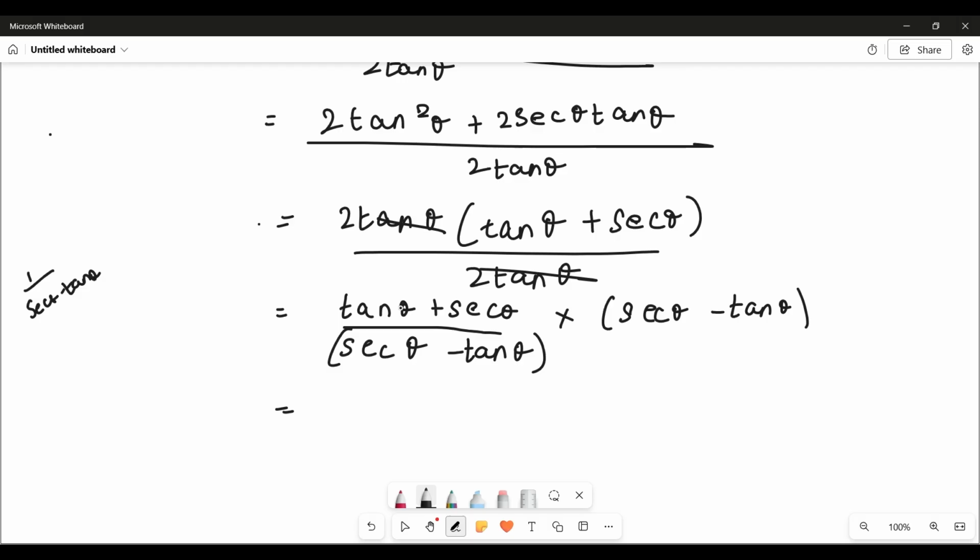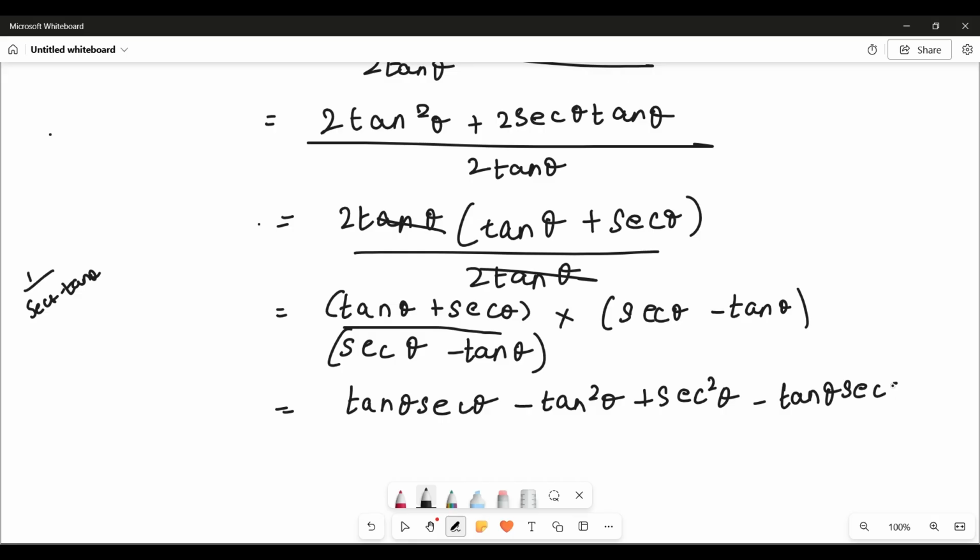Again multiply these two binomials: tan theta times secant theta becomes tan theta secant theta, tan theta times minus tan theta becomes minus tan square theta, plus secant theta times secant theta becomes secant square theta, and minus tan theta secant theta here. So this tan theta secant theta gets cancelled, and you have secant theta minus tan theta in the denominator.